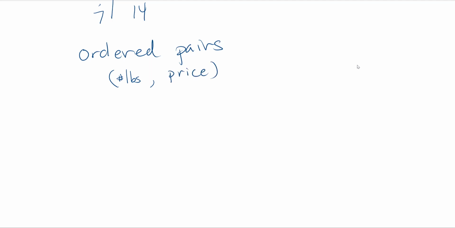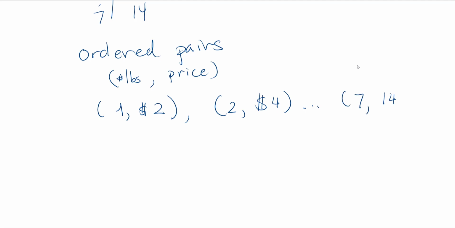So again, we can write that as 1 pound will be $2. We can write for 2 pounds, $4, and so on. Let's get to our 7 pounds would be $14. So these would be ordered pairs.